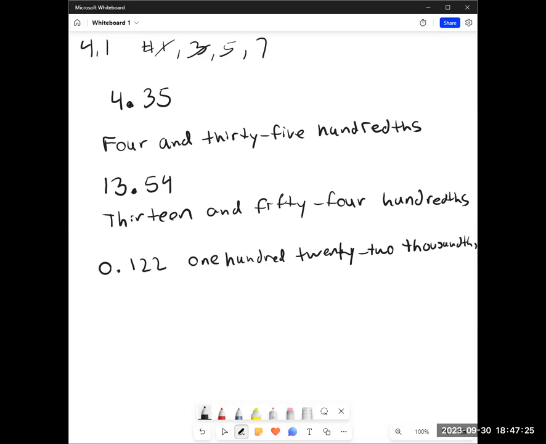Notice I didn't use the word "and" that time because there was not a whole number part separated from the fractional part or the decimal part by a decimal point. So I would only use the word "and" to represent where the decimal is when it's between a whole part and a decimal or fractional part. Since there was no whole number part, I just wrote the decimal or fractional part.